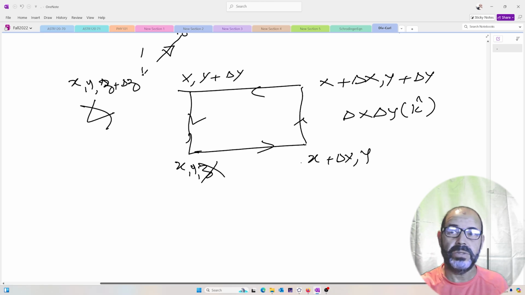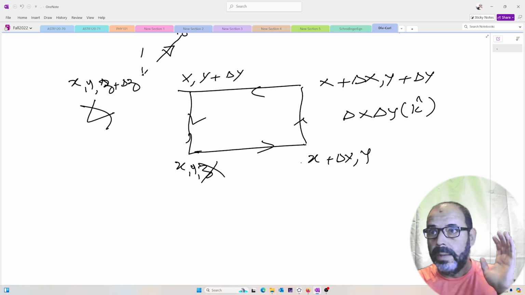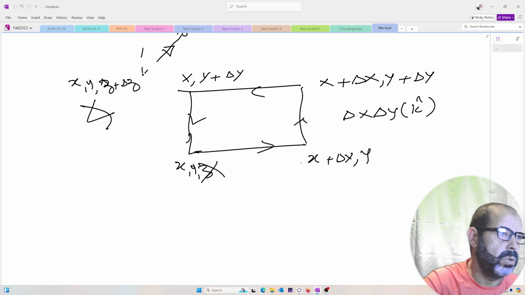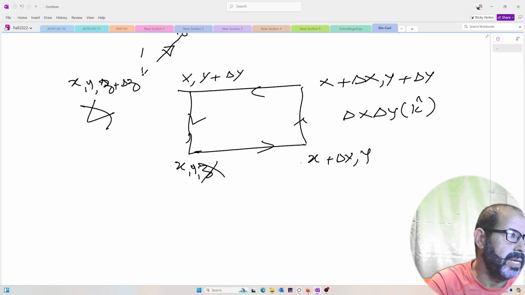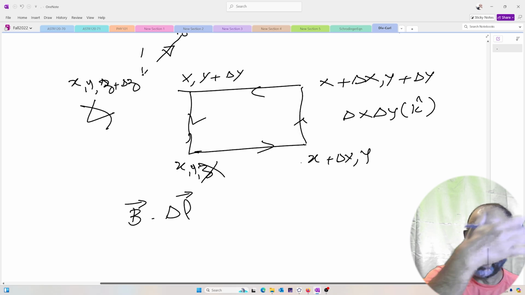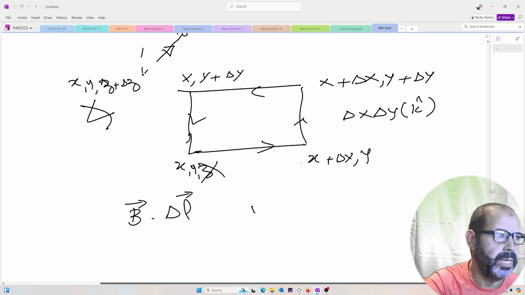So the area is a vector quantity. Okay, so let's find the x component. What we're trying to find is B times dl, projected in the k hat direction, in k hat.